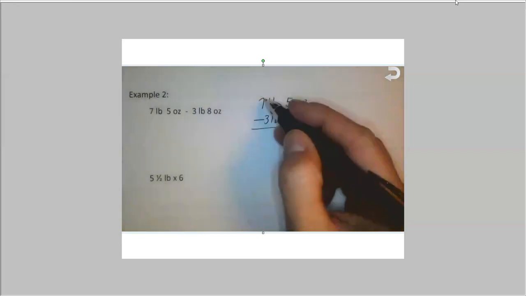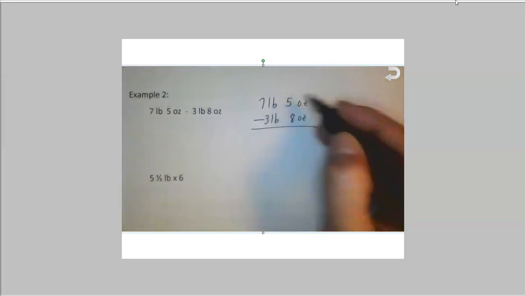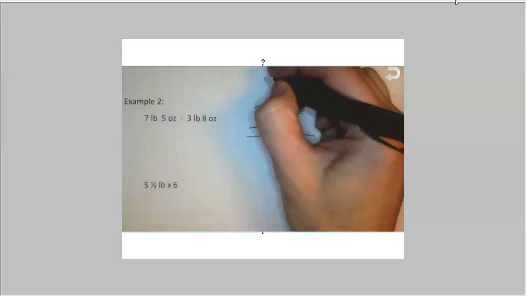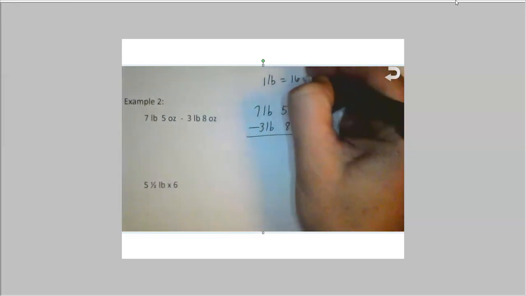I cannot take 8 from 5, and it's not like I borrow here and make that a 15, okay? I will have to borrow, but it's going to involve regrouping because I'm going from one unit of measure to another. Now, on my chart, it says that 1 pound is 16 ounces.